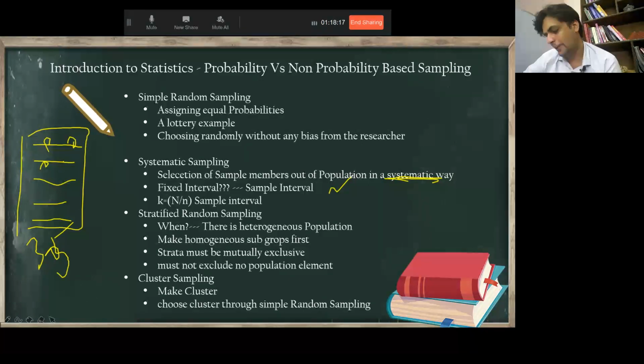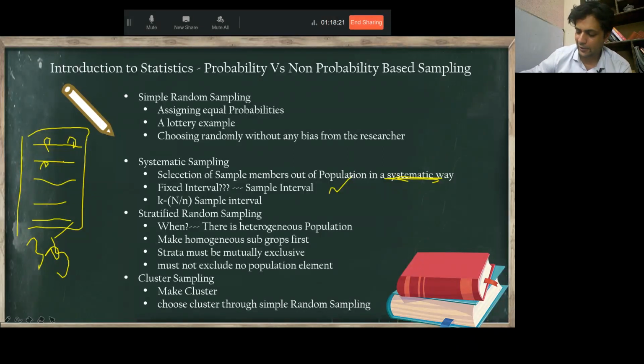We can also say that systematic sampling is a type of probability sampling method in which sample members from a larger population are selected according to a random starting point, but with a fixed periodic interval. So here the interval is 3, meaning a gap of 3 students or 2 students, right?